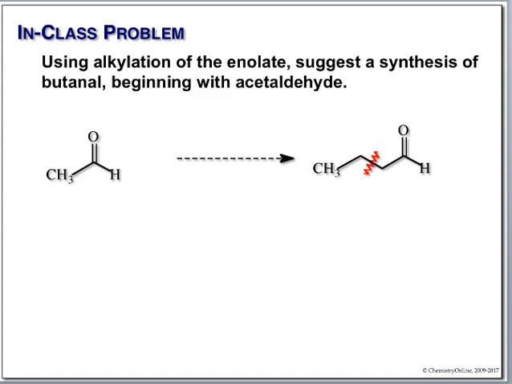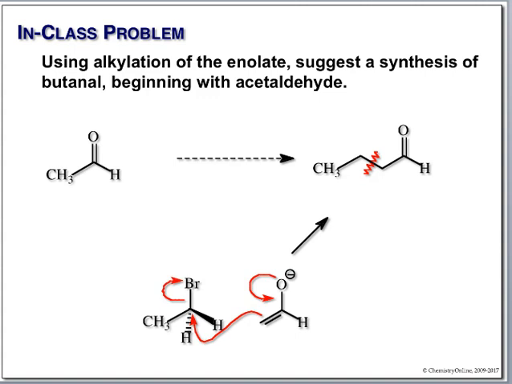Now, how do we do that? We make the ethanal enolate, and we'll react it with an alkyl halide. Here's our enolate anion. This 2-carbon chunk is our alkyl halide. This alpha carbon attacks, bromine leaves, and we get our product.